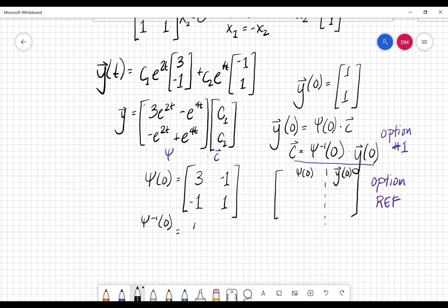We're going to need the determinant of this. So it looks like I have 3 minus, we get a positive 1 there, so 1/2. And then we switch these and we make our other elements negative. So we flip-flop 1 and 3.